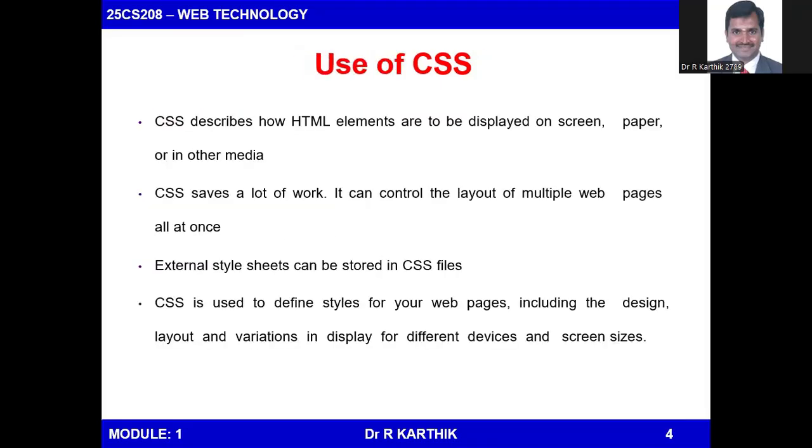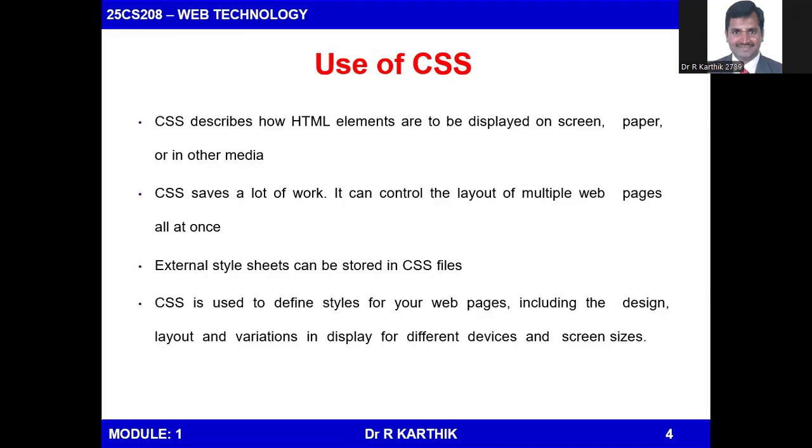Let's see the uses of CSS. CSS is used to control the appearance of HTML elements, apply colors, fonts, and spacing, design page layouts, maintain a consistent style across multiple web pages, and store styles in separate .css files for reuse.